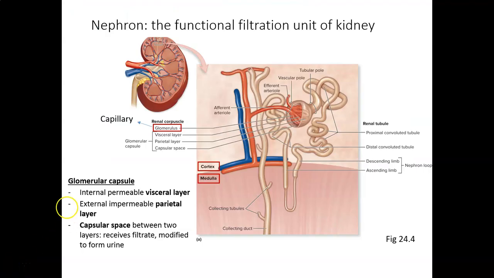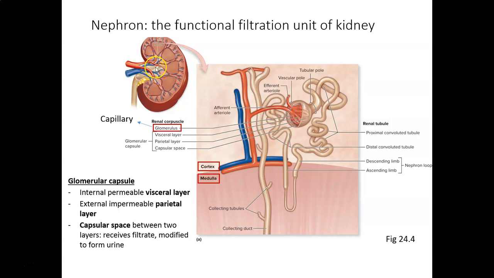So let's first look at the cross section of kidney. As you can see here, it has a cortex, a medulla, and a hilum, which is the concave surface where the renal artery and renal vein come in, carrying the blood circulation in and out of the kidney.